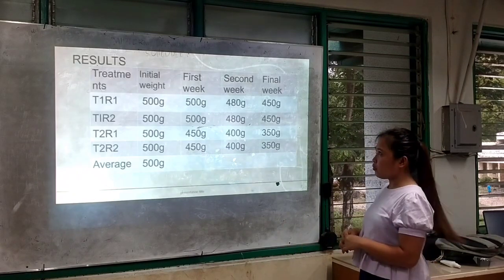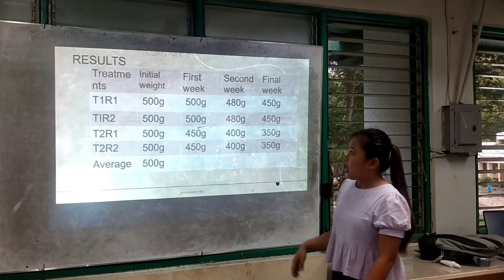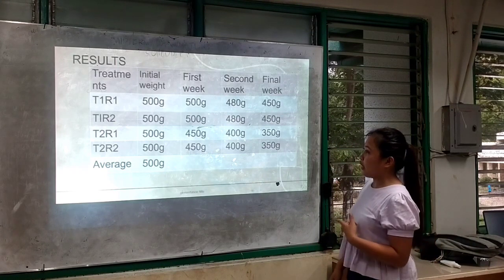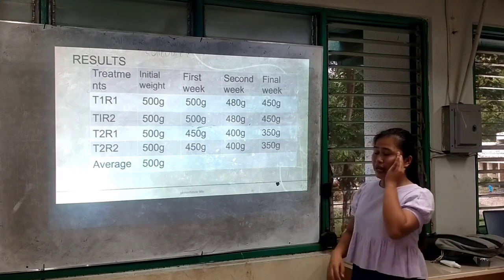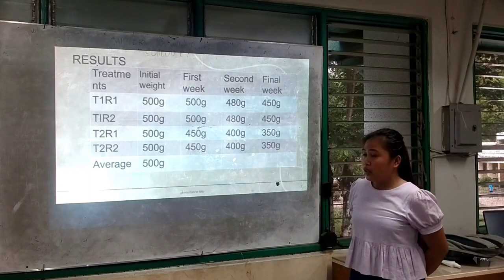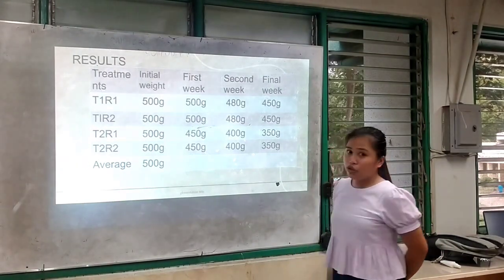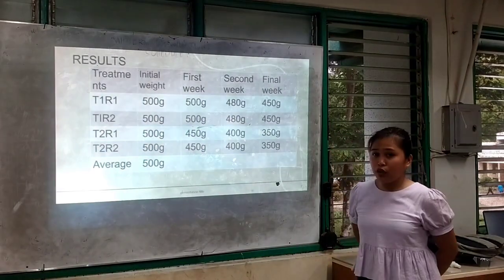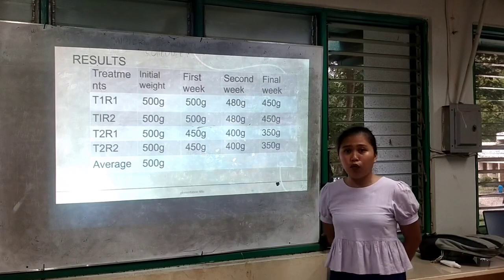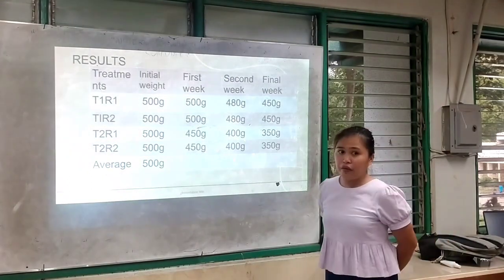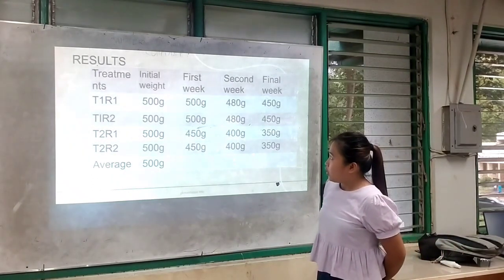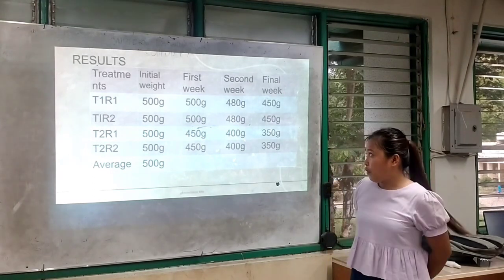And then the results for the treatments: we have T1R1, T1R2, T2R1, and T2R2. The initial weight of each treatment is 500 grams per sample. In the first week, T1R1 is still 500 grams and T1R2 is 500 grams.